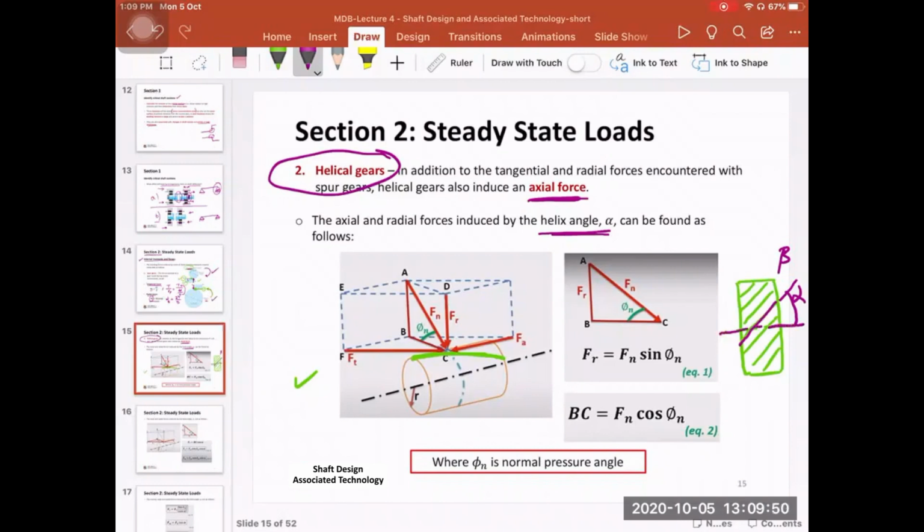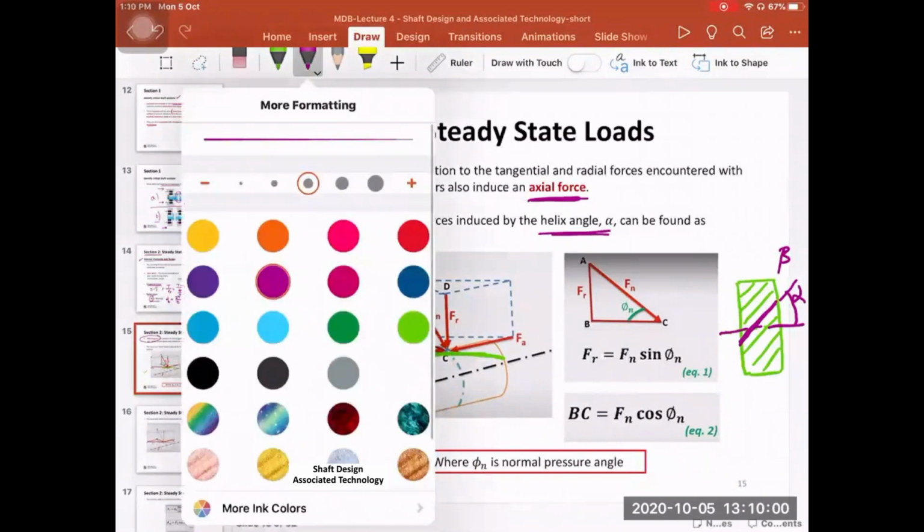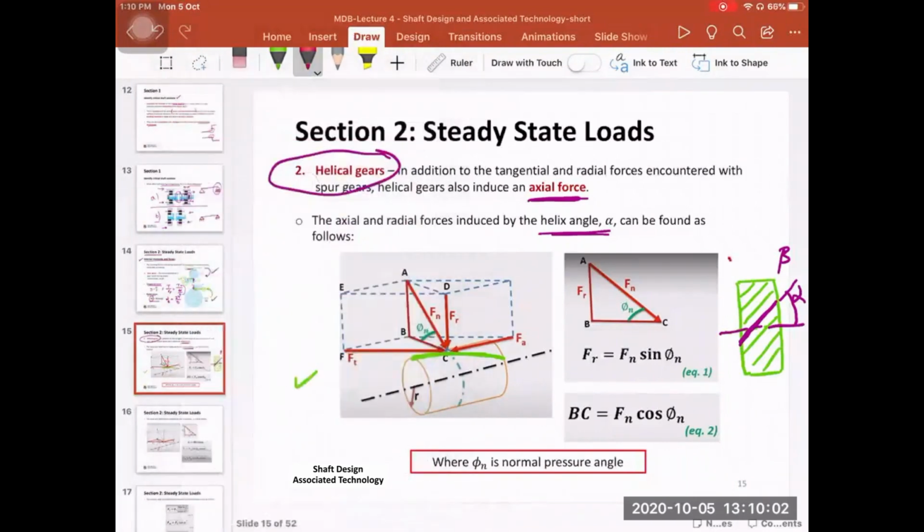Due to this nature, the contact force, the total or resultant force, is going to be perpendicular to this tooth. So this force here is what we defined as Fn. Fn here is perpendicular to the tooth.